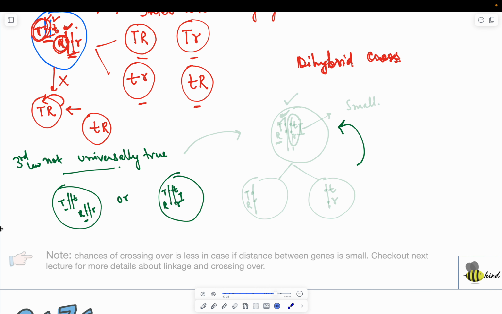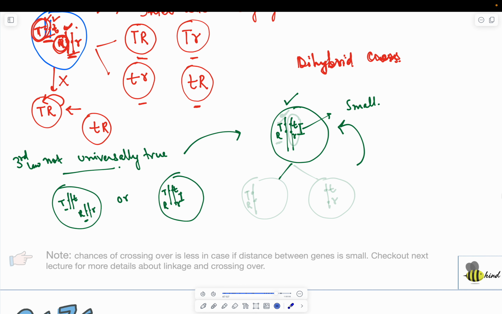distance, right? This third law is not applicable to the pair of alleles which are present on the same chromosome and are very close enough. If the distance between this pair is very small, then this law is not applicable to these pairs of alleles.